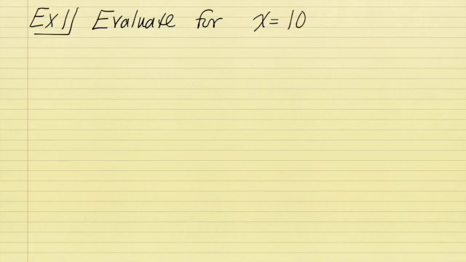And then it's going to give you a problem that looks like maybe this: 20 minus x divided by 5.